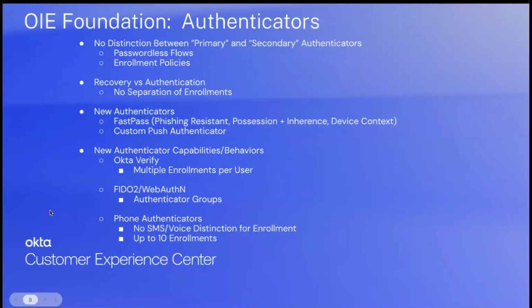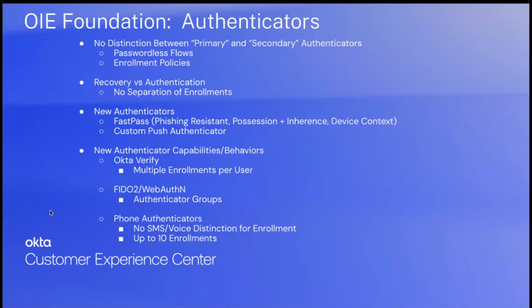Speaking of authenticators, that is the next big area of change in OIE, the authenticators themselves. One big change is that there's no longer a distinction between primary and secondary authenticators. And I kind of touched on this with the authentication pipeline. So there's no longer this notion that password is primary and everything else is secondary. Everything just becomes an authenticator. This, as I already noted, makes passwordless flows a lot easier to set up and implement.